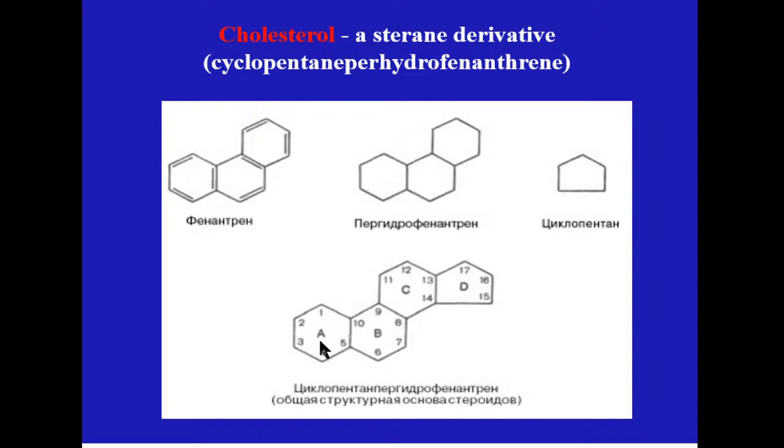Look at the numeration, please, it's important. Rings are lettered A, B, C, D, especially in this way, to indicate the position of different radicals and substituting groups.